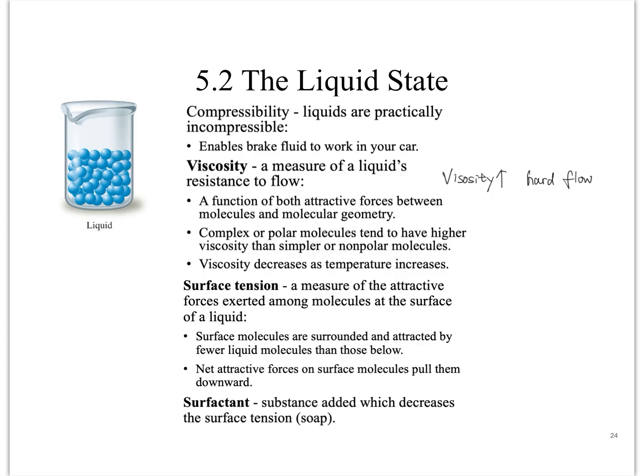So you have a net attractive force on the surface molecules, pulling them down, and then you will have a higher surface tension because those molecules will hold the top molecules a little more. So that is surface tension.